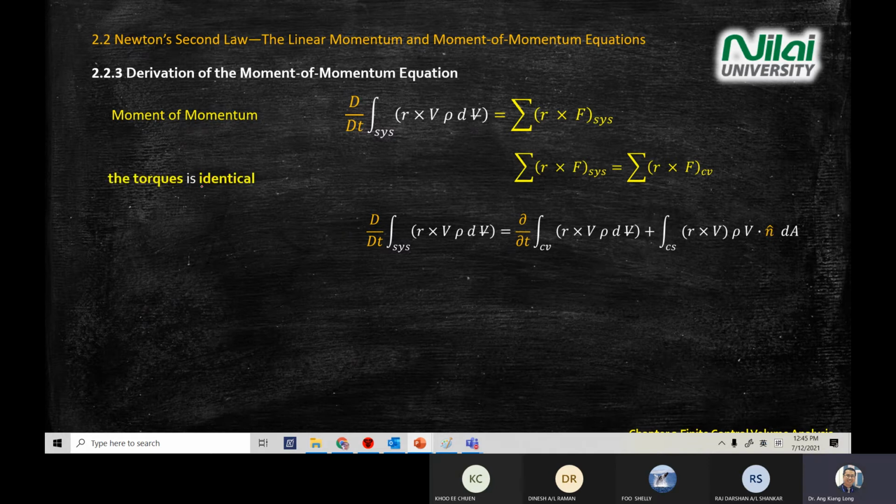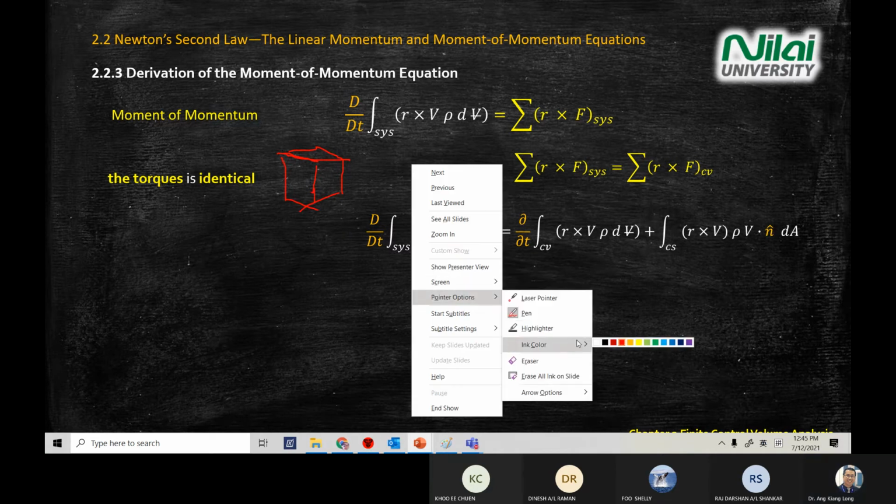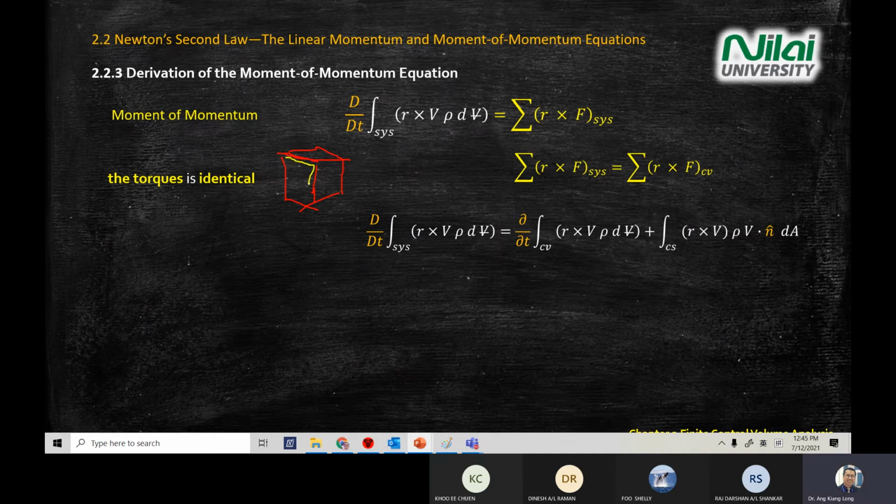When your control volume is coincident with the yellow box, the red color is your control volume and yellow is your system, meaning the system that you're analyzing. When these two coincide, or are at the same place, the torque is the same for the control volume and the system, meaning you can change this one to CV.